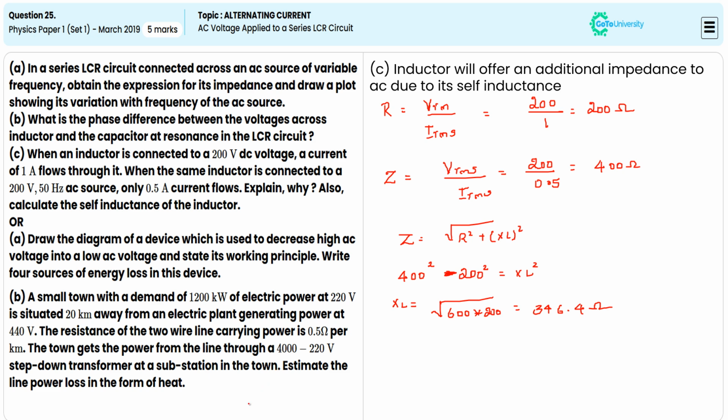Then inductance L is equal to XL divided by omega, which is 346.4 divided by 2 times 3.14 into 50, which gives the result 1.1 H.